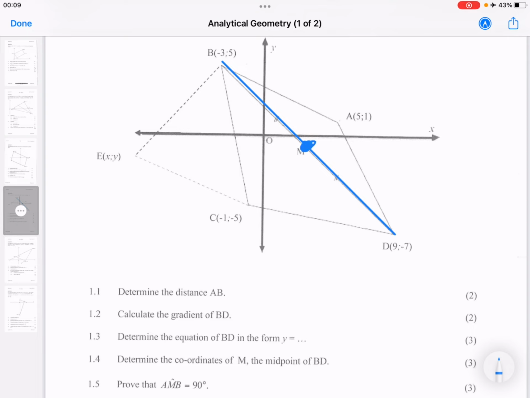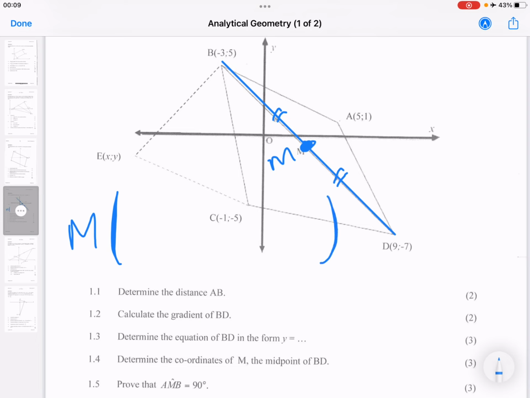And most importantly, they did indicate that that is equal to that, meaning M is actually the middle point of BD, which means you will need to use the midpoint formula. Obviously, the midpoint formula, you can just say M because there you are actually looking for the midpoint.